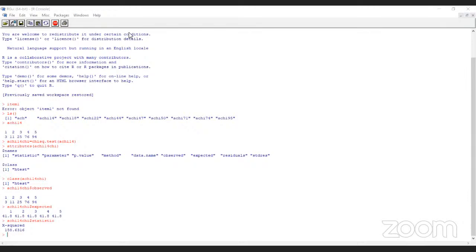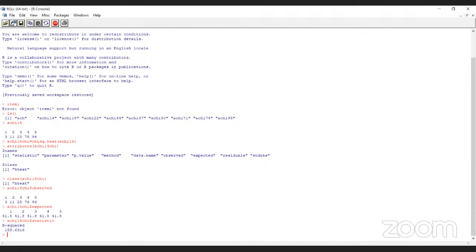So if you want to control this high chi-square value, then what can you do? You can add 1 and 2 observations. So that will be the 14.